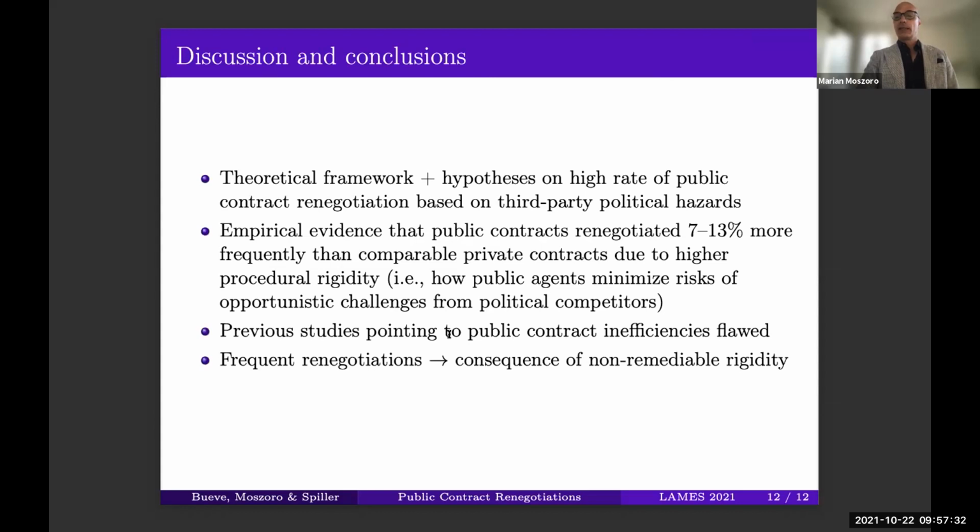We point out, and this is probably the main result, that previous studies showing that public contracts are inefficient, and that inefficiency drives renegotiation, are probably flawed, because frequent renegotiations actually may be a consequence of their non-remediable rigidity, that public contracts are born very rigid, and that is what drives the renegotiation.